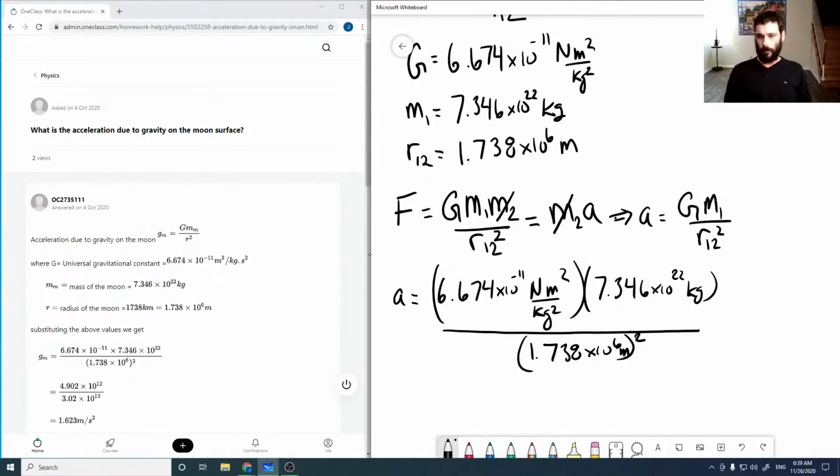We've got meters squared down here, so they're going to cancel this. This kilogram will cancel one of those. And then remember that a newton is a kilogram meter per second squared, so this kilogram will cancel the rest of the kilograms and leave us with meters per second squared, which is a unit for acceleration.